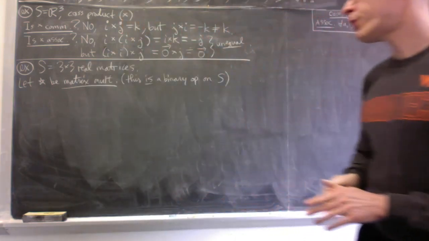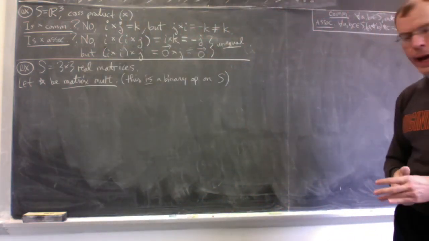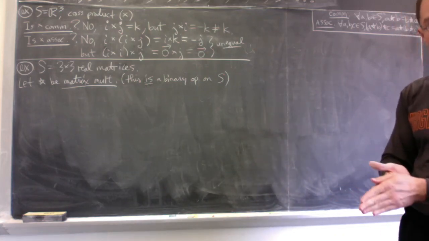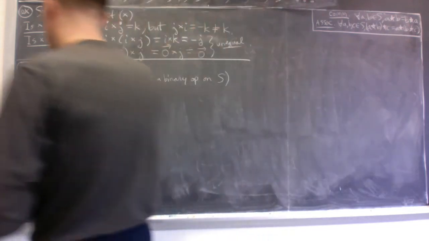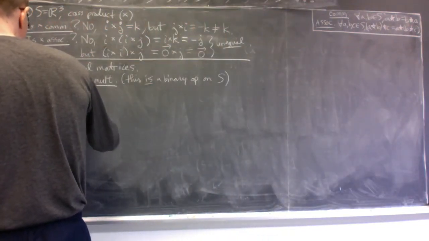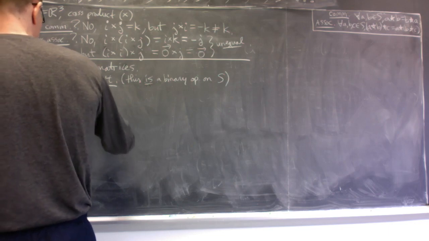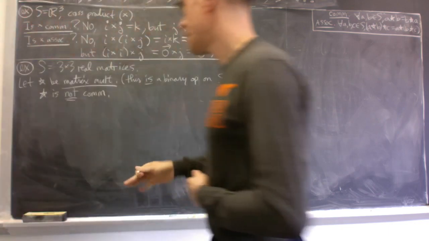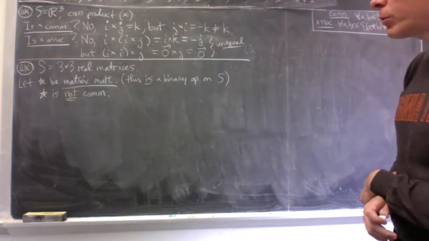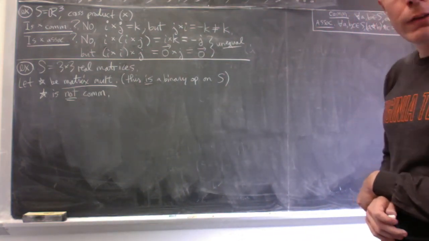And without proof, I will just remind you of two facts about this. A very famous fact is that matrix multiplication is not commutative in general, at least for bigger than 1 by 1. Let me not write matrices on the board, but you can easily come up with two matrices that don't commute when you multiply them. But it is associative.